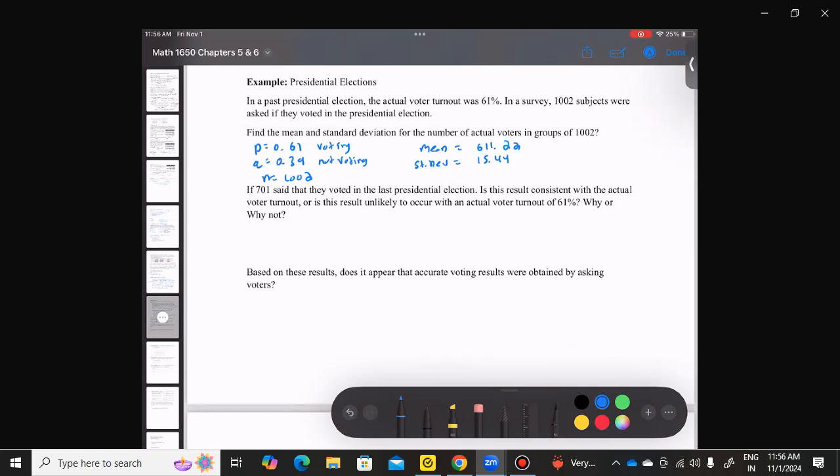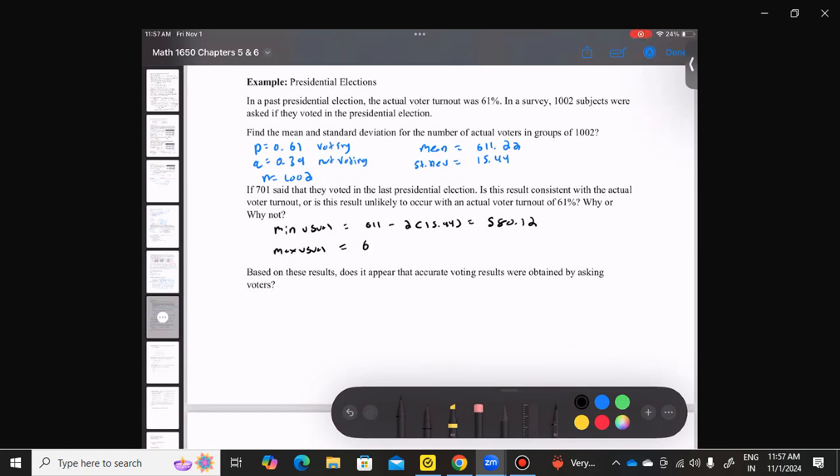So if 701 said that they voted in the last presidential election, is the result consistent with the actual voter turnout? Or is this result unlikely to occur with an actual voter turnout of 61%? Why or why not? So let's look at the minimum usual and maximum usual. So 611 minus 2 times 15.44 gives you 580.12.